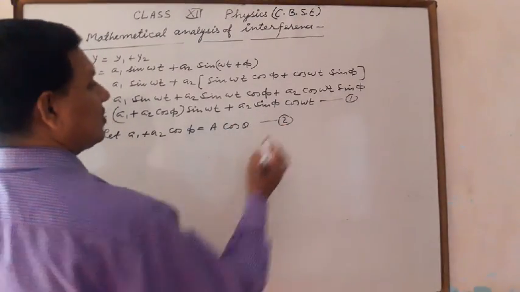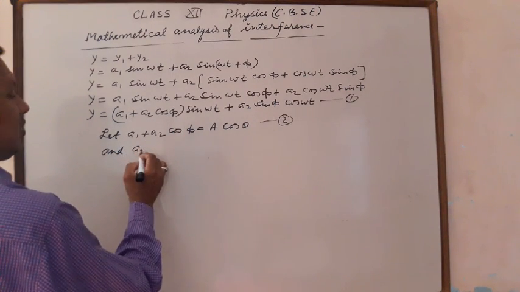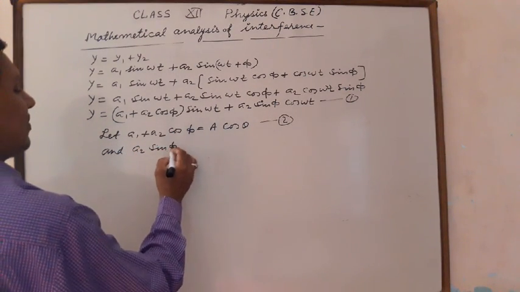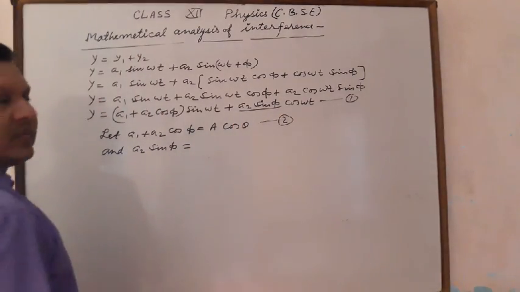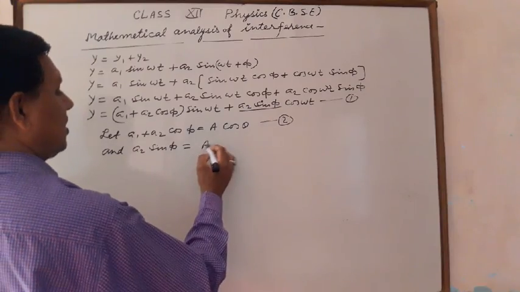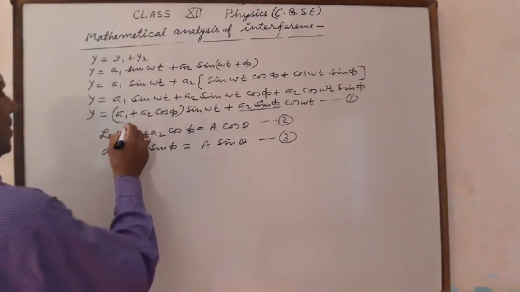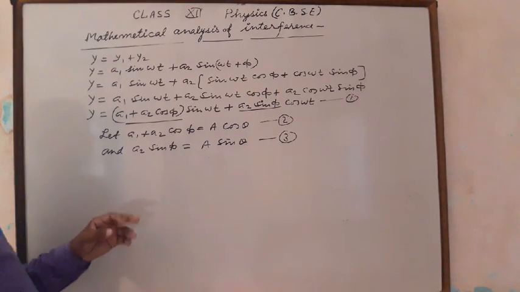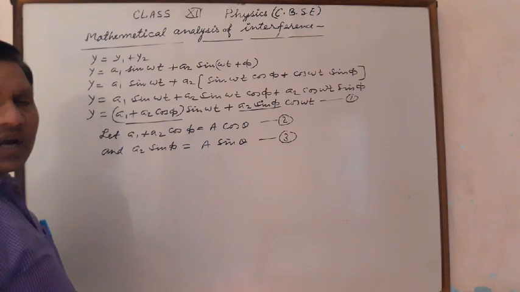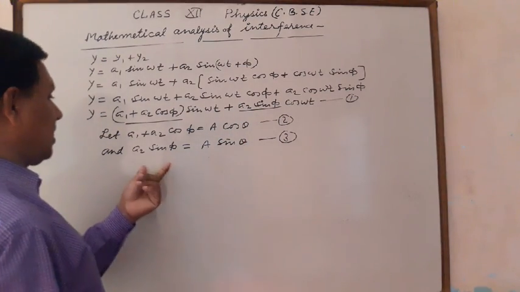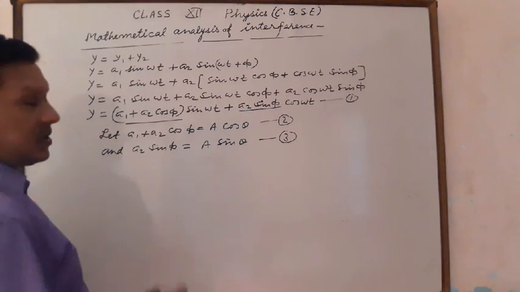This is equation second. And A2 sin phi is considered as A sin theta. This is equation third. Putting these values in equation first.